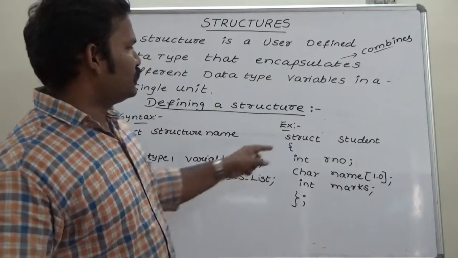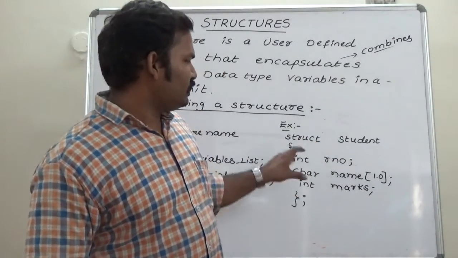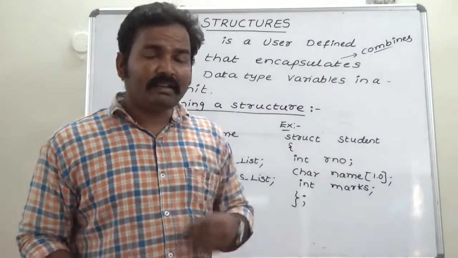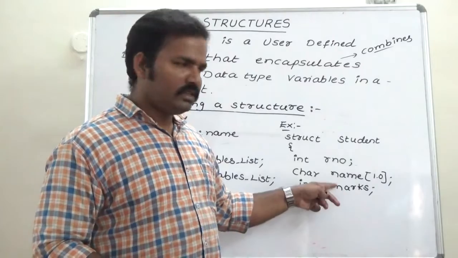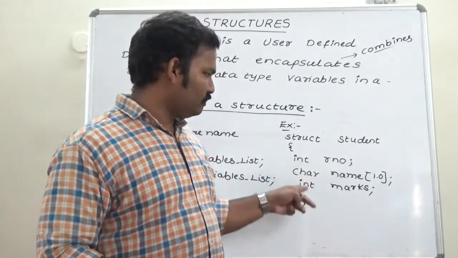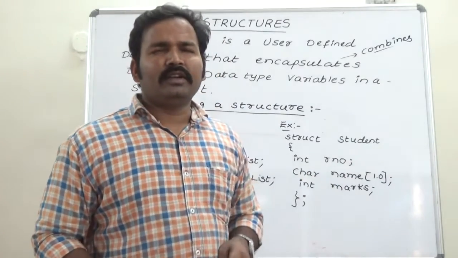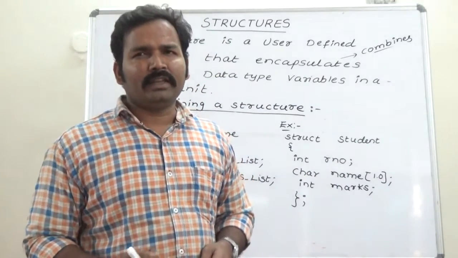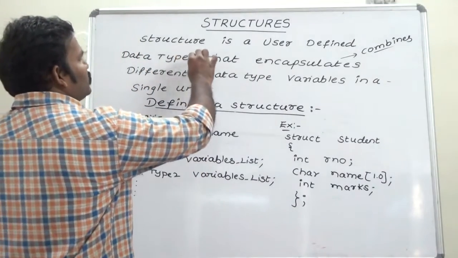So in struct student, how many variables did I declare? Three variables: roll number, name, marks. Roll number and marks are of the same type, but name is a different type of variable, character type. As per our definition, what is a structure?